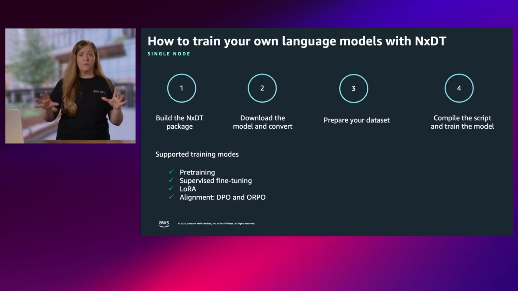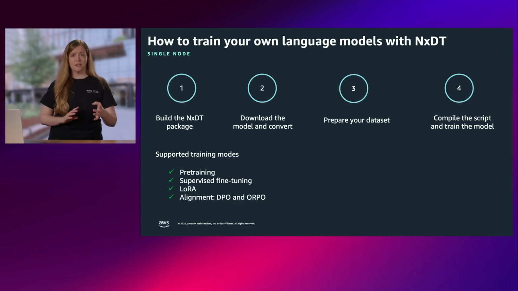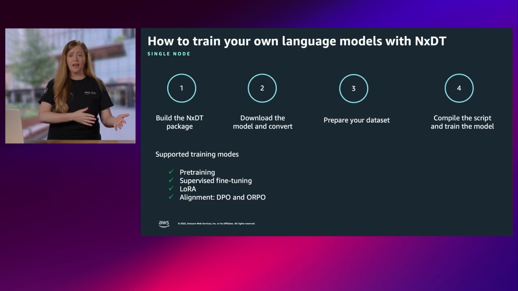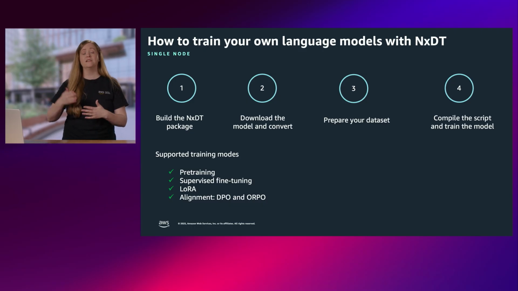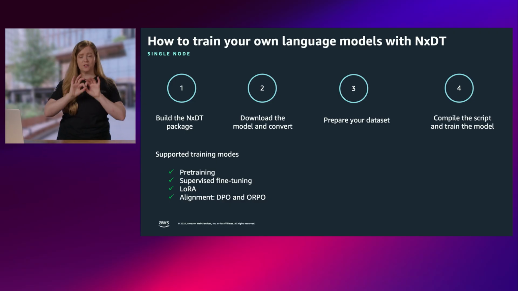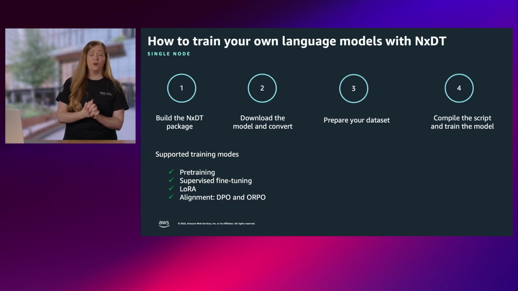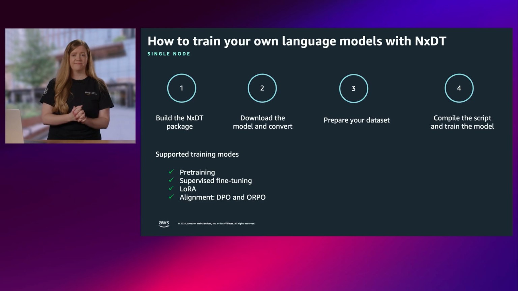Again, we have pre-built configurations and examples showing how to prepare your data set for the supported modules today. And then step four is to compile the script. So again, use our command to compile that script ahead of time and then train the model itself. And all four of those steps are available for you using NxDT across the various modes that we support for training. With that, let's check out the demo.